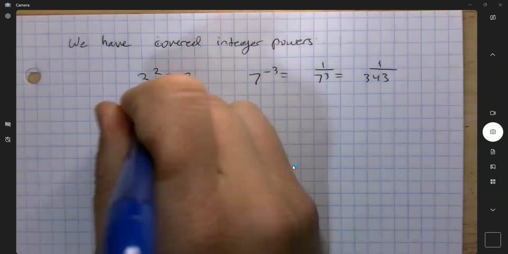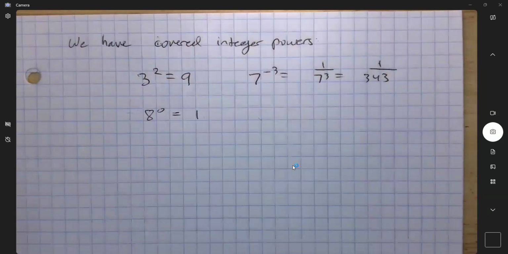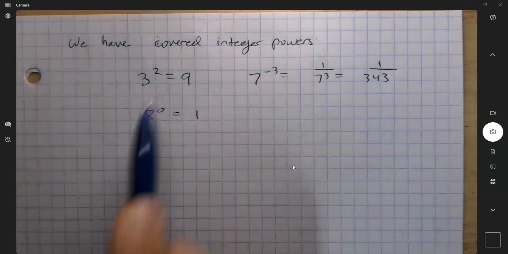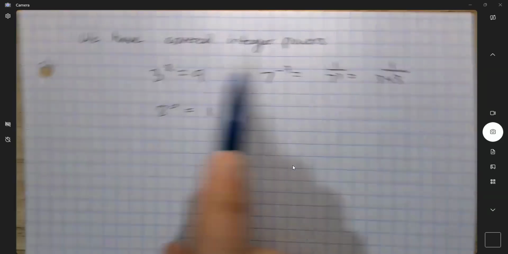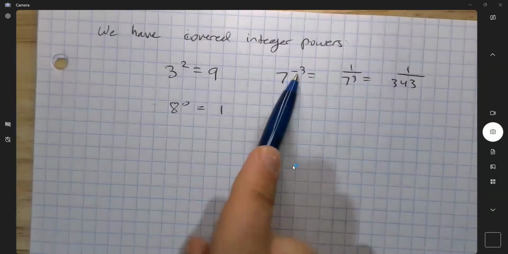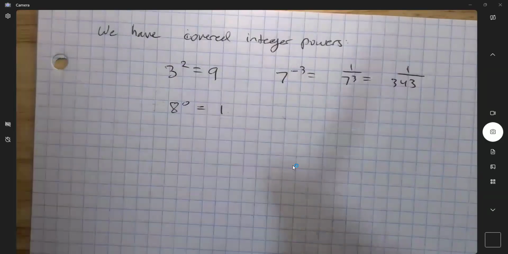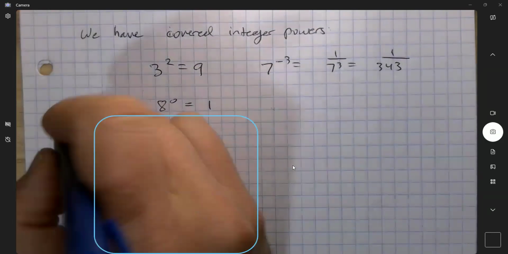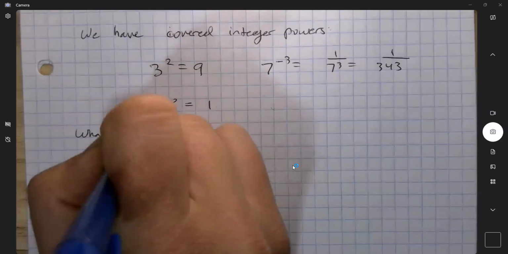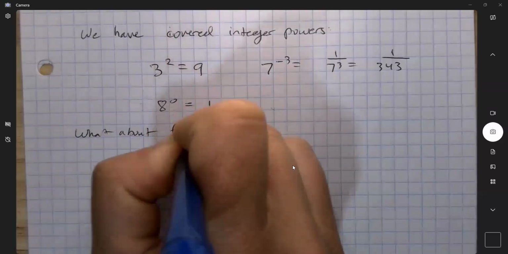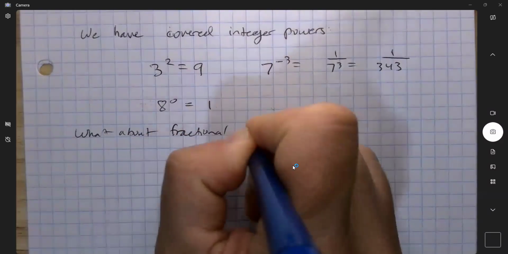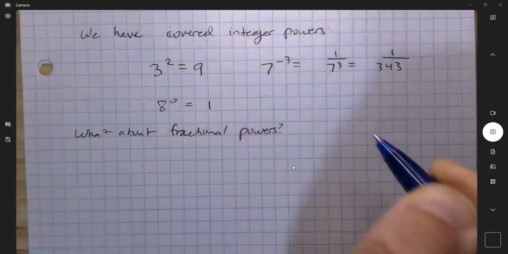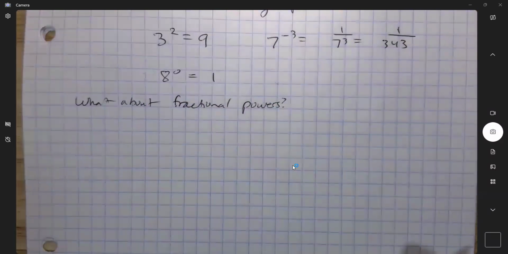And we know that 8, or any number to the 0, is 1. Right? Whole numbers bigger than 0, negative whole numbers, the integers, and 0. Those are our powers. What about fractional powers? Or decimal powers, if you want.